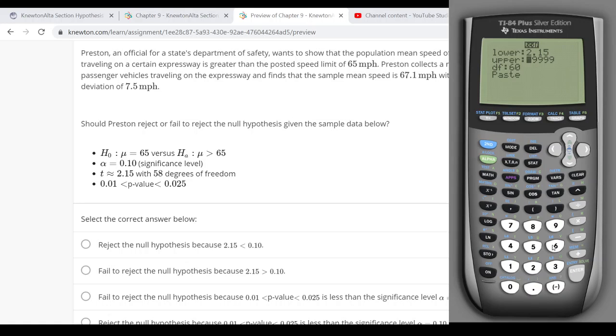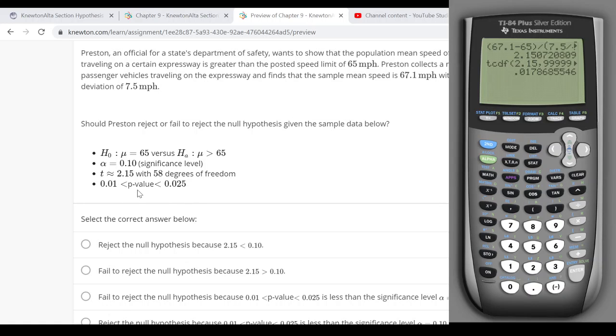For the area all the way to the right, there is no upper value, so I'm going to enter some big number, 99999, and then the degrees of freedom is 58. And this is it. See, 0.017, about 1.7%. That's the p-value of our test statistic, and this statement on the homework is true: the p-value is between 1% and 2.5%.